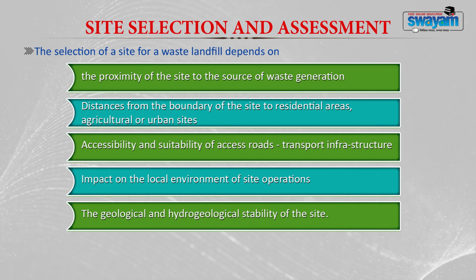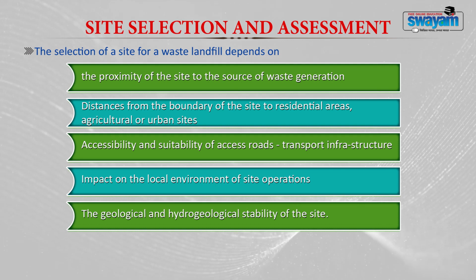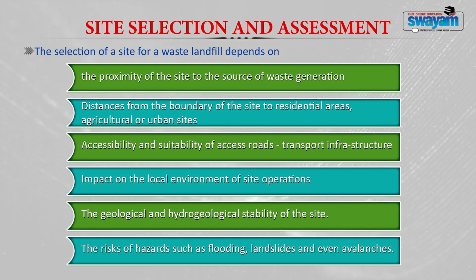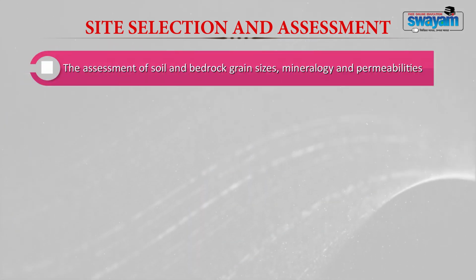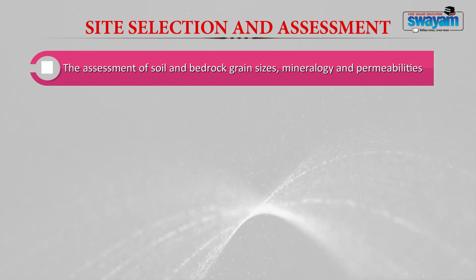The site you choose for open dumping or for landfilling should not be at risk of any hazard. For example, it should not face flooding or be in a landslide-prone area or avalanche zone. You should also assess the soil and bedrock grain size, mineralogy and permeability.